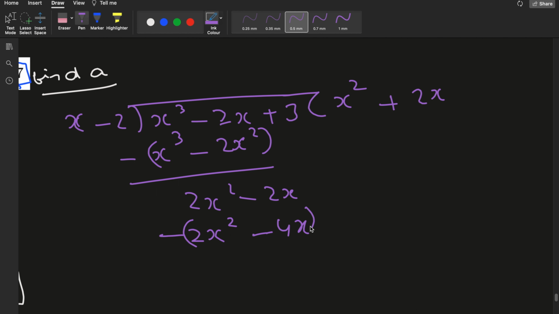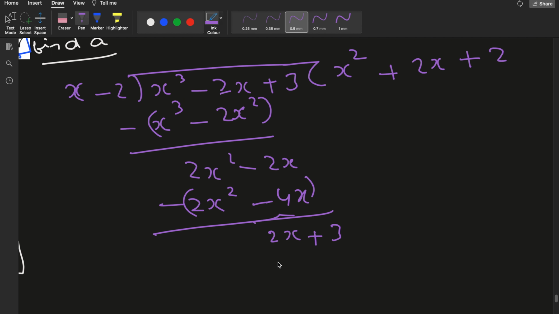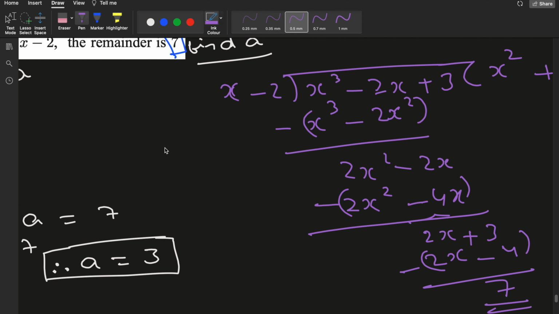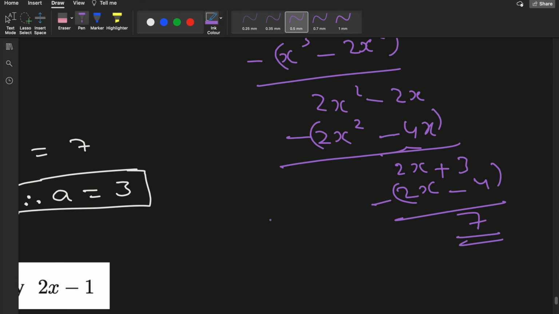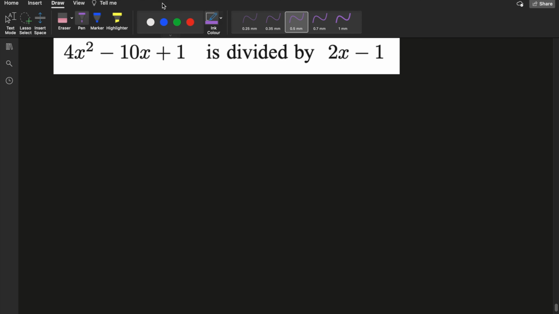On subtracting this, we get 2x, bring down the 3, it's going to be plus 2. So 2x minus 4, when we subtract this, we get 7, which is the remainder. So we are indeed right.